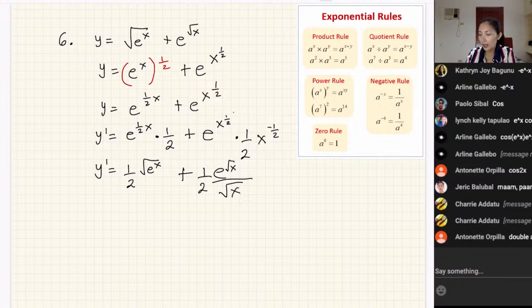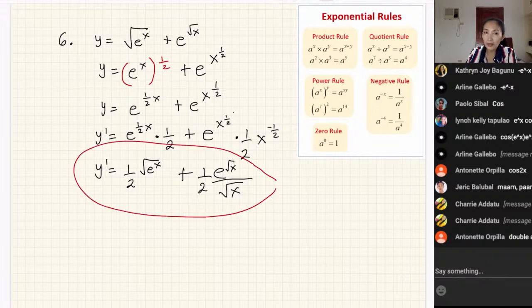So this is the final answer. The final answer is y prime is equal to 1/2 of the square root of e raised to x plus e raised to the square root of x all over 2 square root of x. Since 1/2 is common to both, you can factor it out or leave it that way, it's alright.